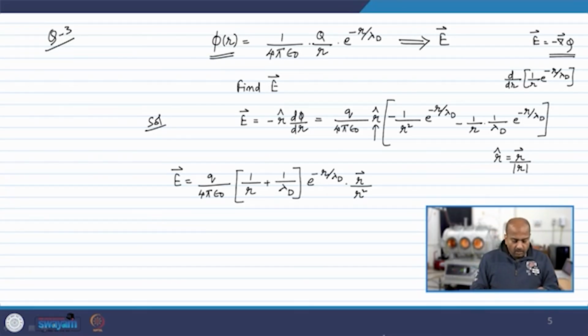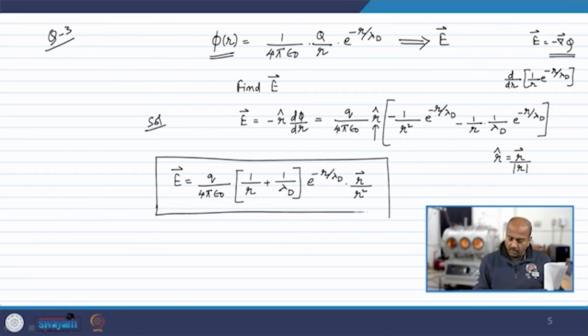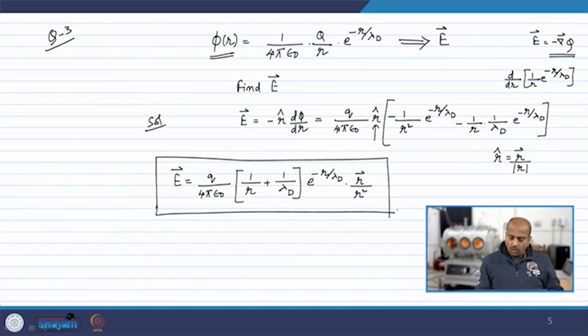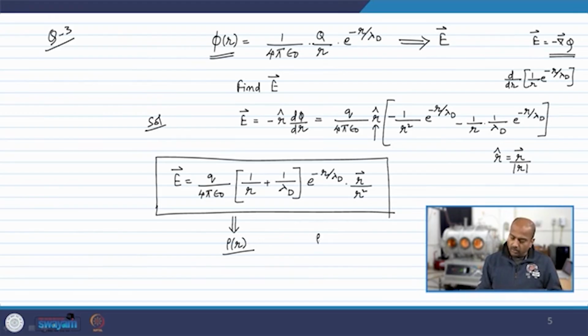Now, we can simplify it further, and we can also find out what is the charge density, right. So, this is the electric field which is created by the device potential. So, we can also go ahead and find out what is the charge density, rho of r. How do we calculate rho of r?